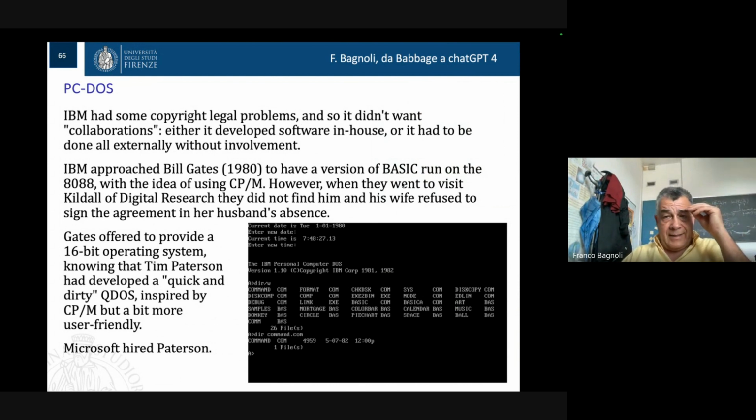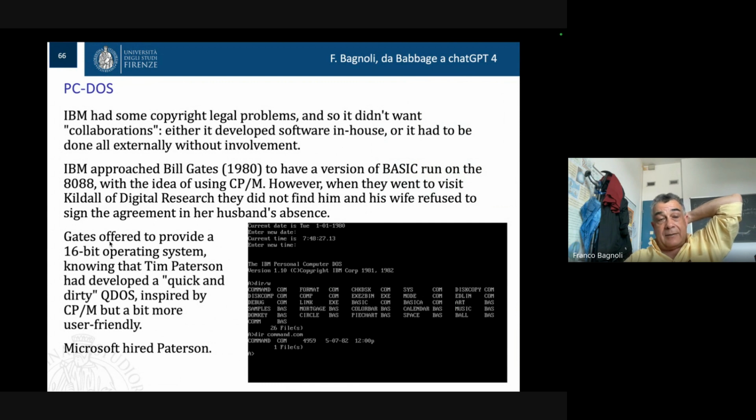However, when they visited the home of Kildall of Digital Research, he was outside the home. His wife did not want to sign the agreement with IBM in her husband's absence. And so since Gates was already in contact, Gates said, okay, I have a system compatible, very similar to CP/M, and he signed the agreement.